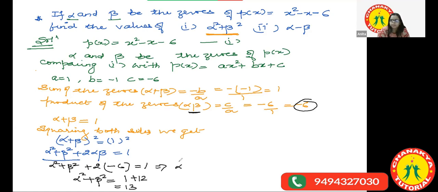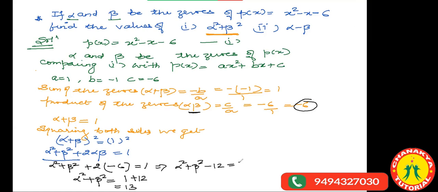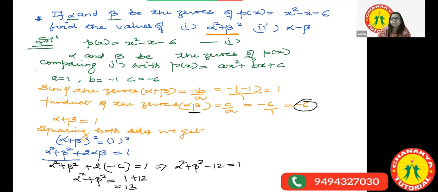Right, children? Have you understood this question? Yes. I am explaining this question again, see children. Here in the first part, you have to find the value of alpha square plus beta square. First of all, one thing will strike your mind: we have alpha plus beta only, so on squaring both sides you will get the value of alpha square.